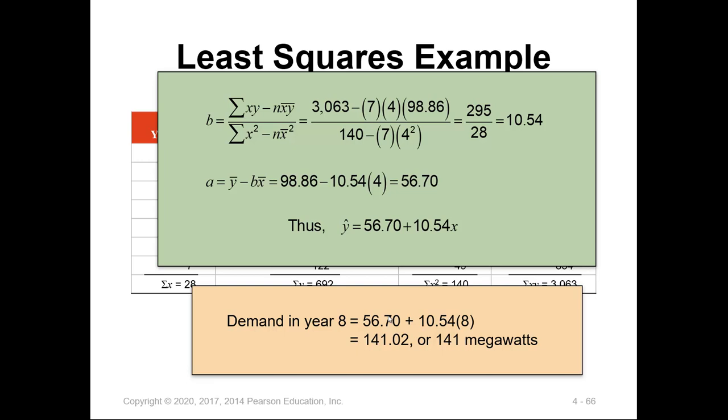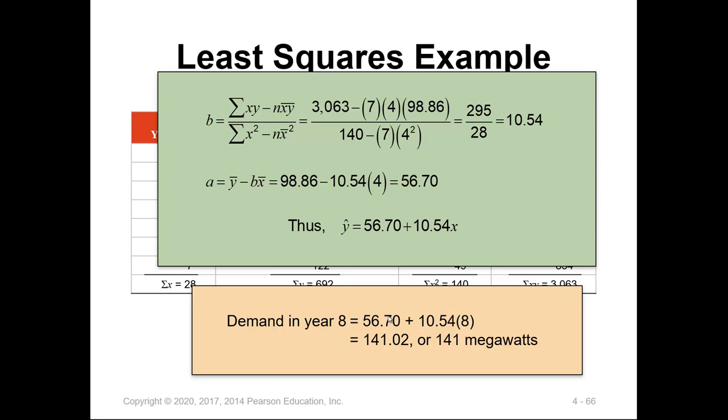So when we say year 8, y is the demand, and y8 is the demand for year 8, which will equal 141.02, or we can round it to the nearest, which is 141 megawatts. That will be the power demand for that year.